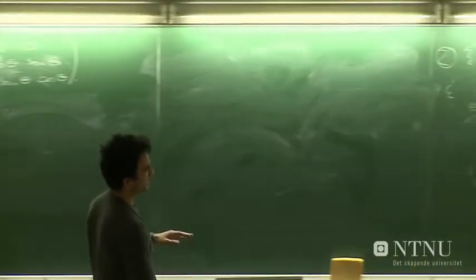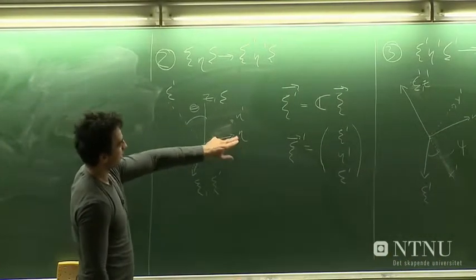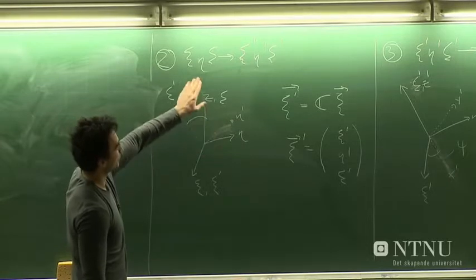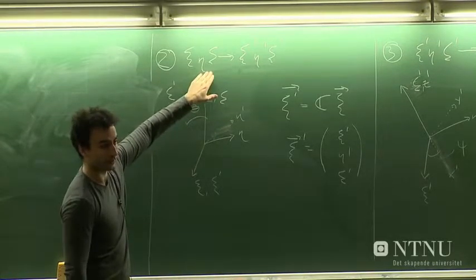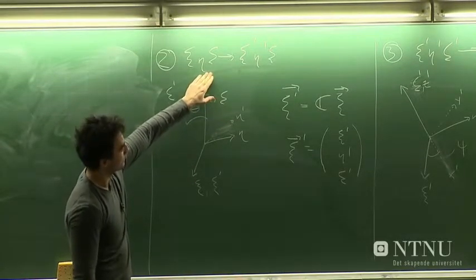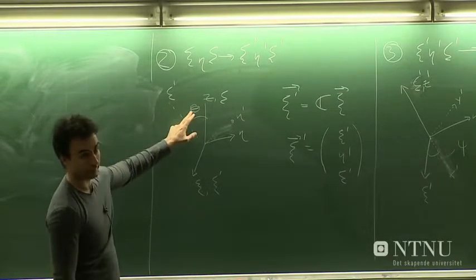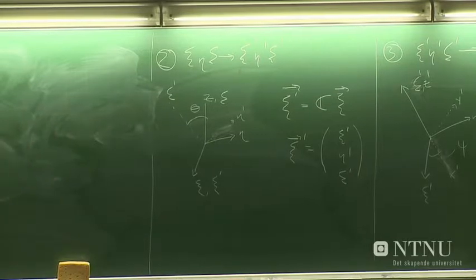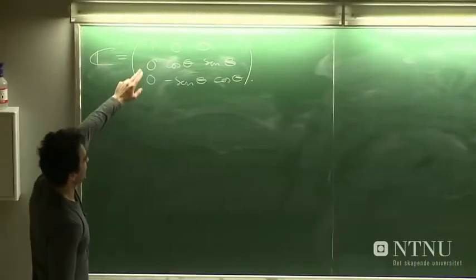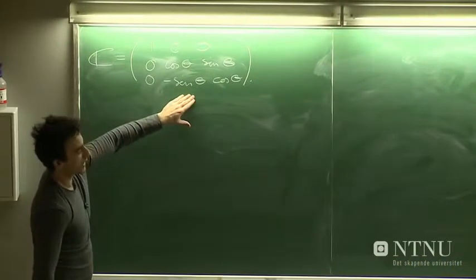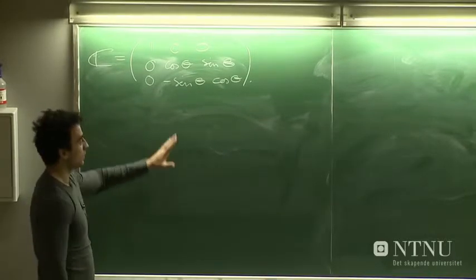Because we're doing a rotation in the eta zeta plane here, so only the two latter coordinates are affected. And they're rotating to the eta prime and zeta prime here with an angle theta. So one coordinate remains unchanged, and for the rest we have a 2D rotation matrix, and this also has determinant 1.